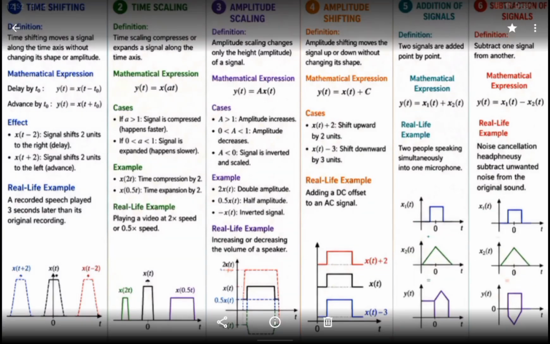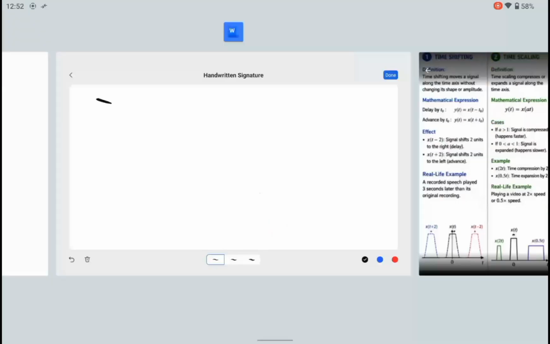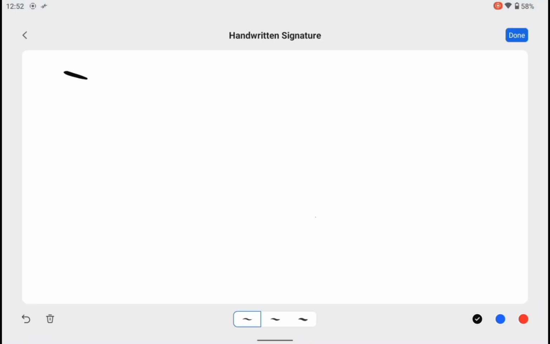For easier remembering, if I want to delay the signal, for example, if I have x of t plus t naught, the symbol which I have here, it can be either negative or positive.